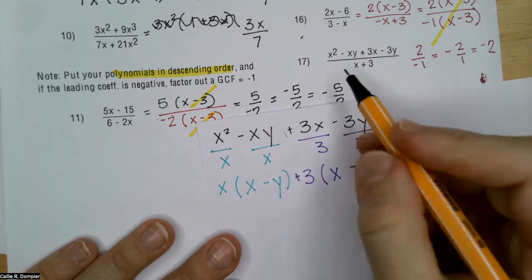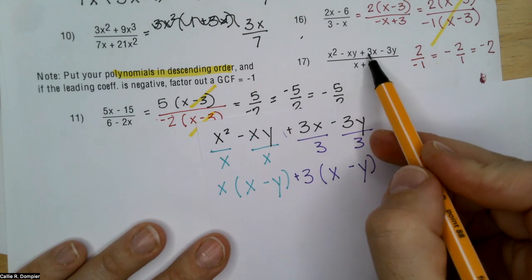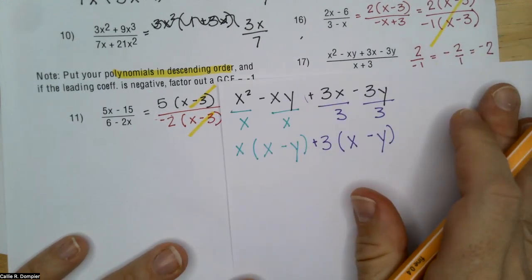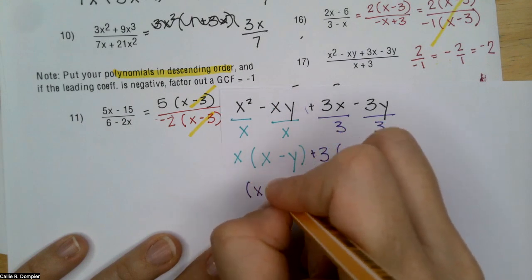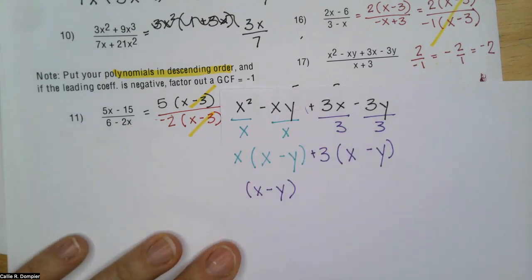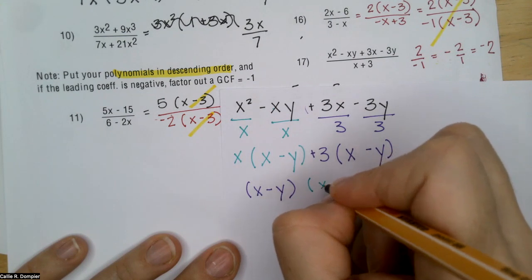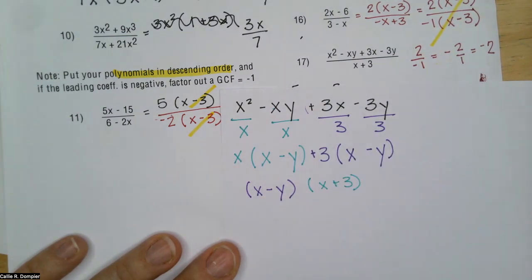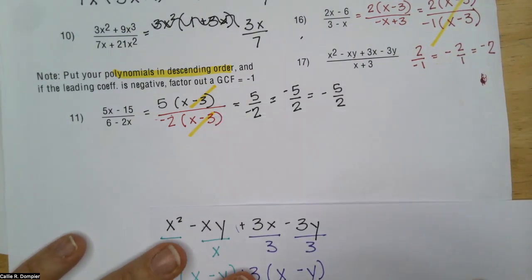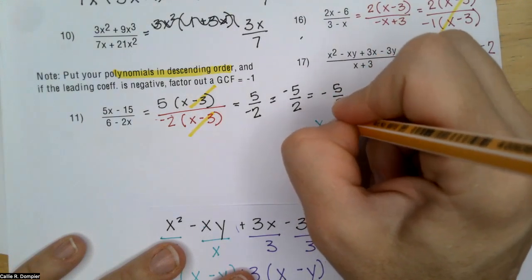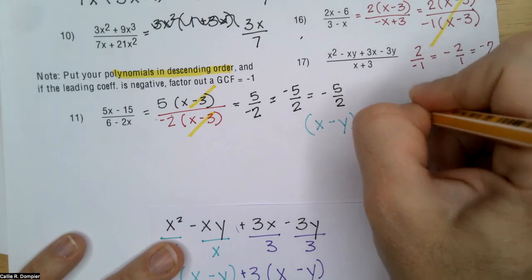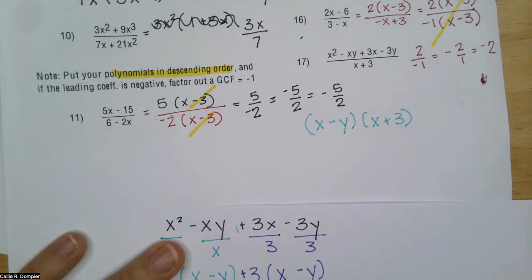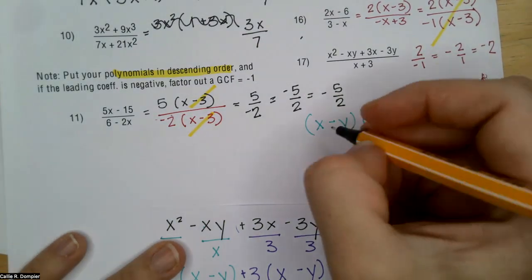So when I factor x squared minus xy plus 3x minus 3y by grouping, it becomes x minus y times x plus 3 on top. Good. And on the bottom, I think it's just x plus 3, right?